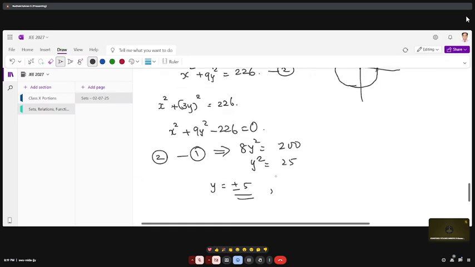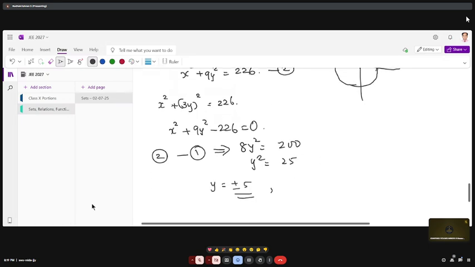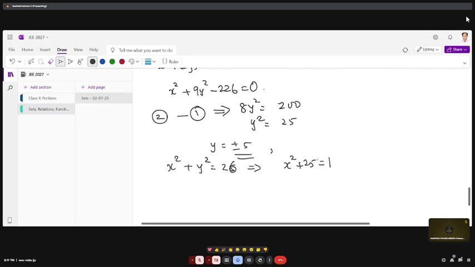We substitute in x square plus y square equal to 26, which means x square plus 25 equal to 26, so x square equal to 1.